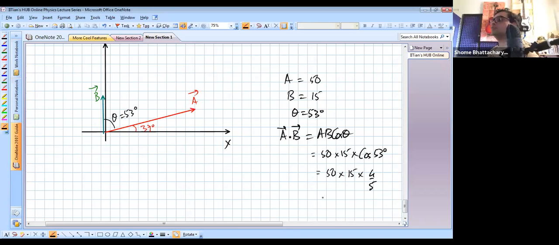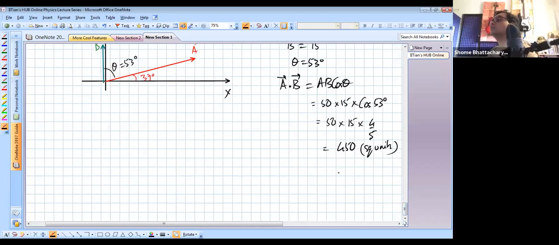Okay. So that becomes 4 square units. Or you can say it is 450, whatever unit that was common, its square. So this is becoming your answer for the first part. This is all you are expected to do in this calculation, nothing else. You are just applying the definition of dot product.